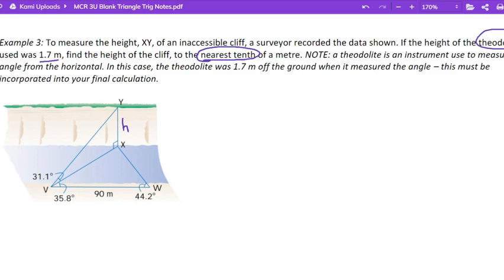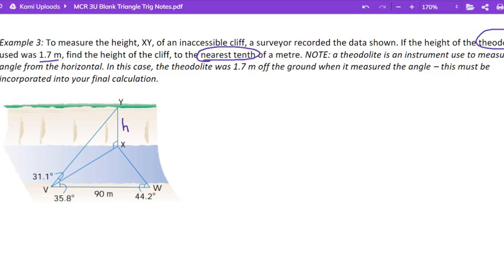You're far away, you start with the horizontal, you go up to the top of the cliff, and that gives you the angle between the horizontal and the cliff. When they measured it, they got 31 degrees. So the angle of elevation is 31.1 degrees. That's not the height, but we can use it to calculate the height.